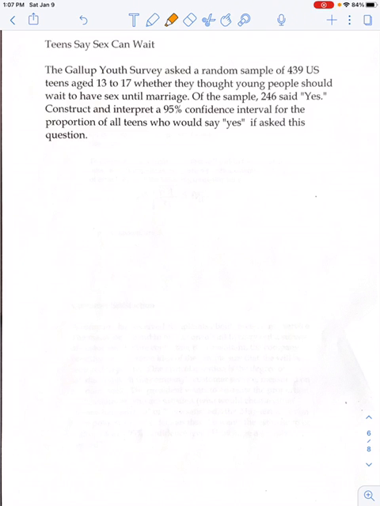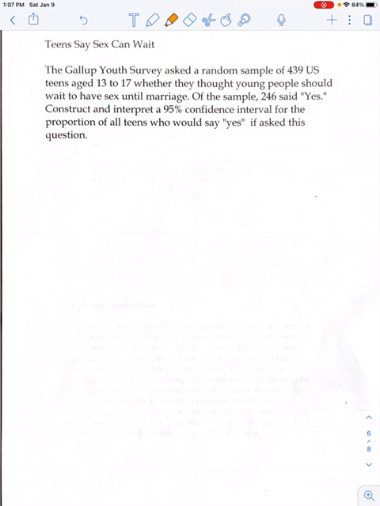Of the sample, 246 said yes. Construct and interpret a 95% confidence interval for the true proportion of all teens who would say yes.